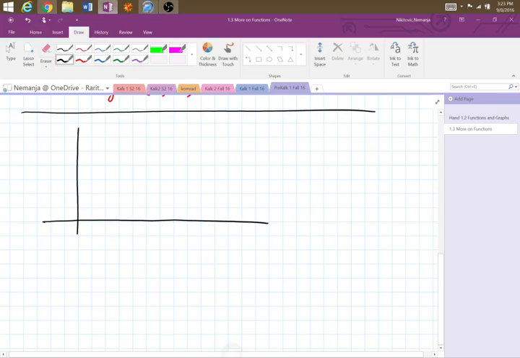So let's say you have a linear piece, and then you have a quadratic piece, and you have something like this, let's say, and then it doesn't matter. That does something.